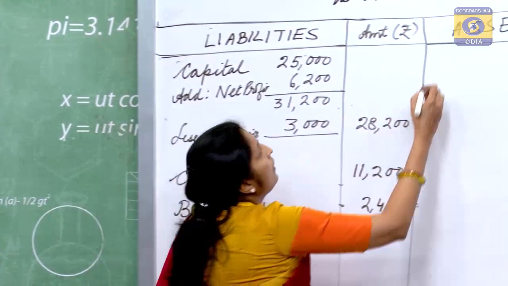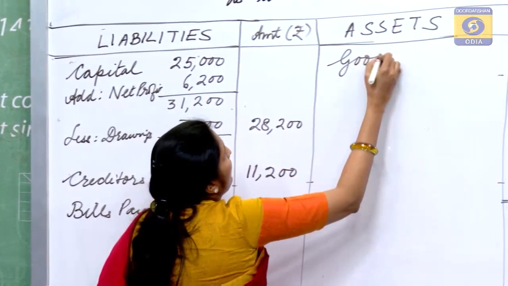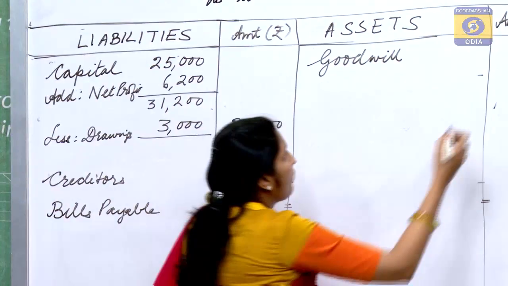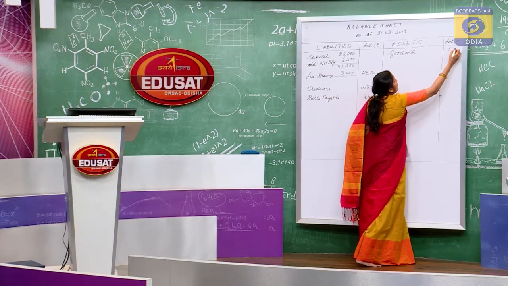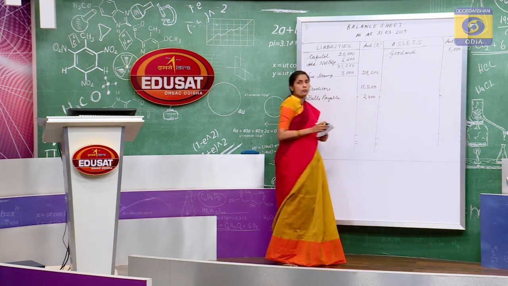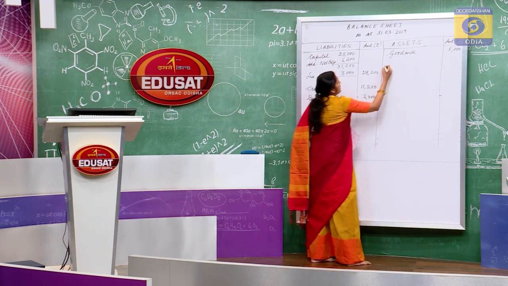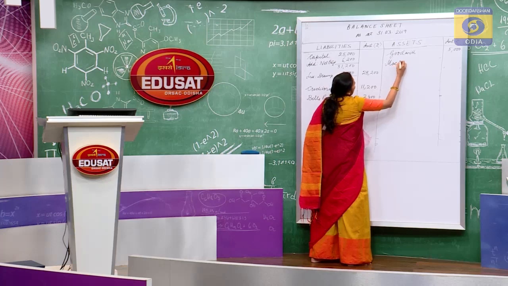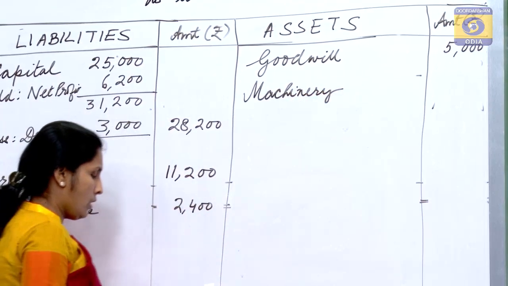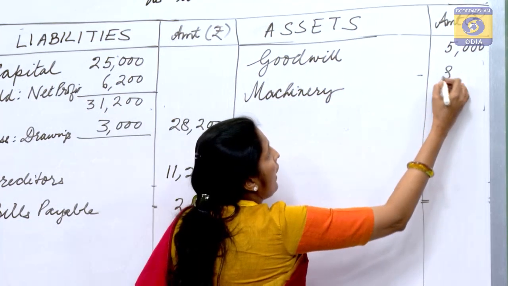On the asset side, we will start with goodwill. The amount of goodwill is 5,000. So, goodwill, as you all know, is the value for the reputation of the firm. So, goodwill 5,000. Next item on the asset side we have is machinery. So, machinery is rupees 8,900.